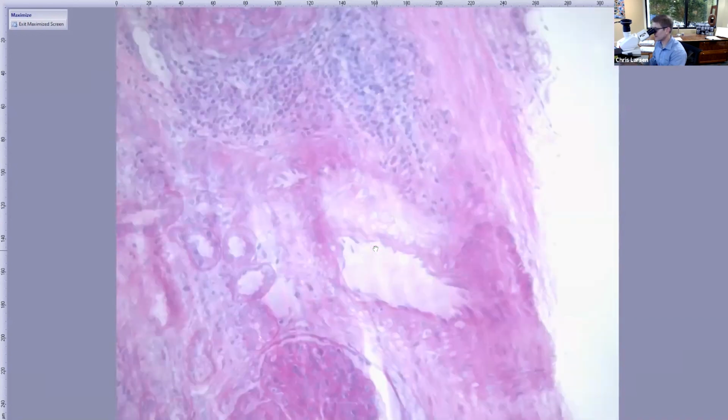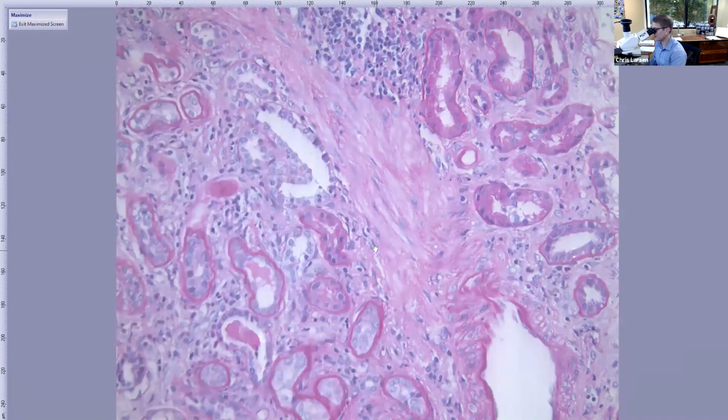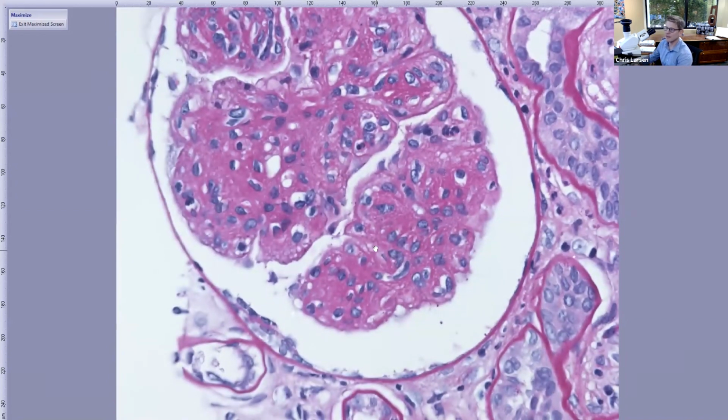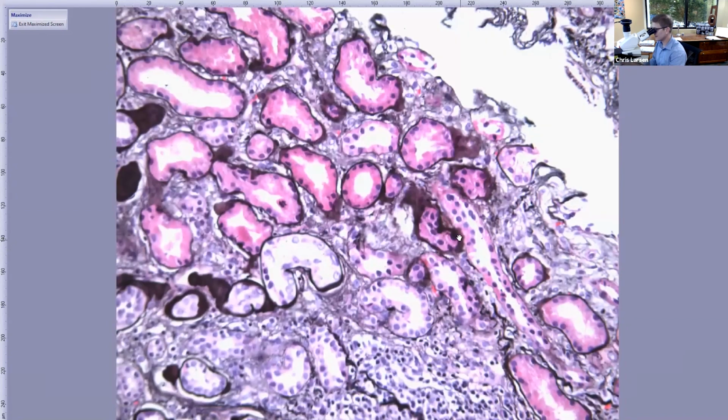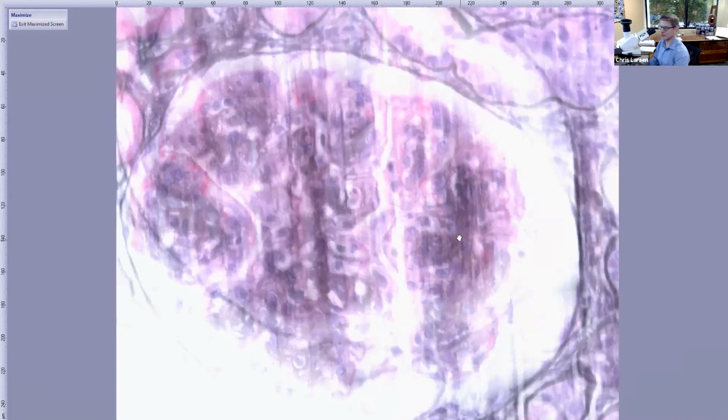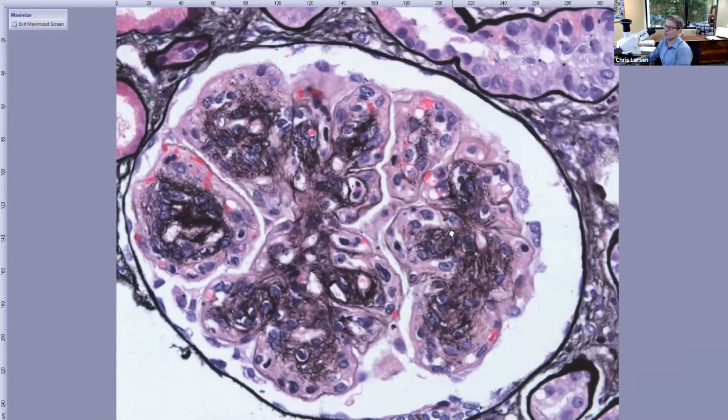We've talked about this a lot. This is an MPGN pattern, right? I'll show you the Jones methenamine silver stain because it's always so pretty in these cases. It's hard not to take a lot of pictures of it when we see these in our practice.